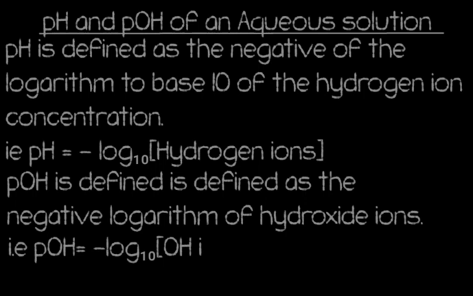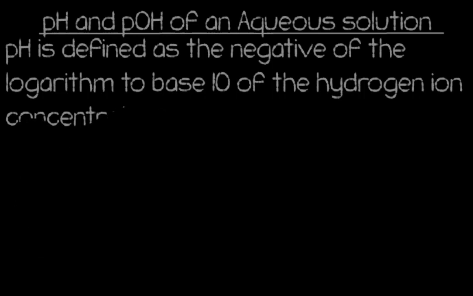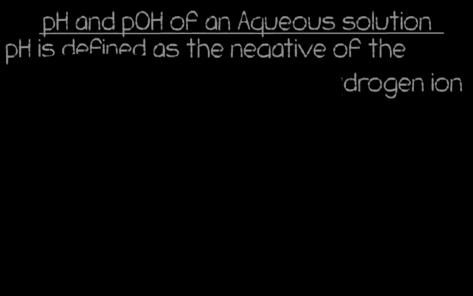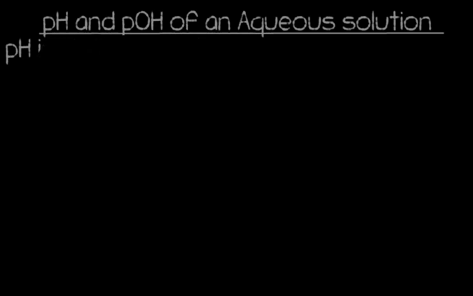That's pOH is equal to minus logarithm to base 10 of hydroxide ions. So these are the formulas used to calculate the pH and the pOH. You have to take note of these formulas. It's needful. We'll be using them in our calculations.